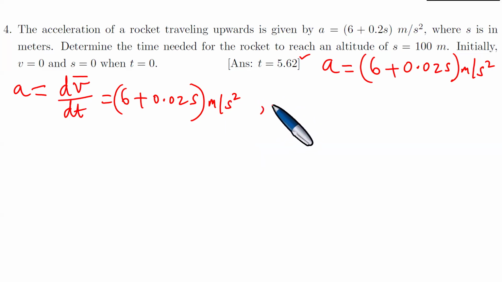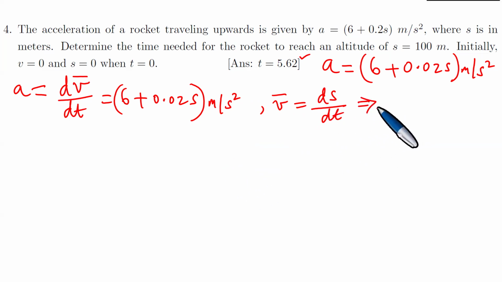Not only that, but velocity itself can be written as ds/dt. This means we can make dt the subject of the equation, and we have that dt is ds over v.